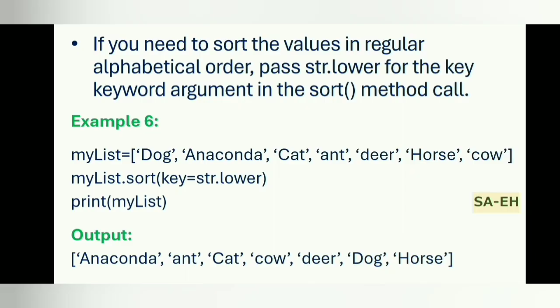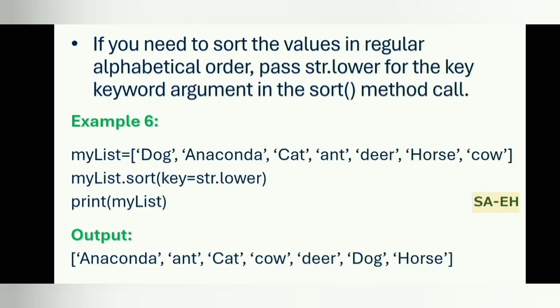The sort method sorts the string values in the list by using their ASCII values rather than actual alphabetical order. This means uppercase letters come before lowercase letters. If you need to sort the values in regular alphabetical order, pass str.lower for the key keyword argument in the sort method call.